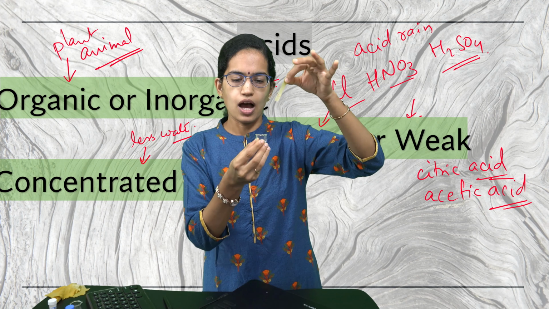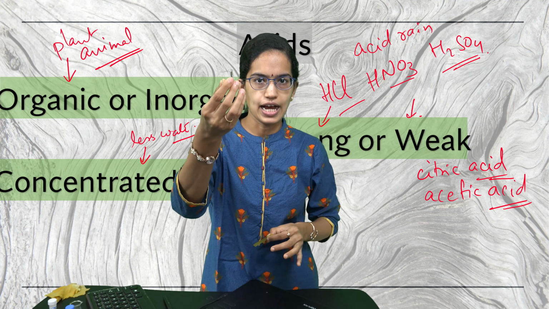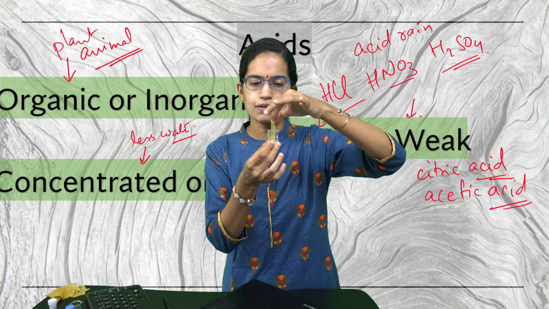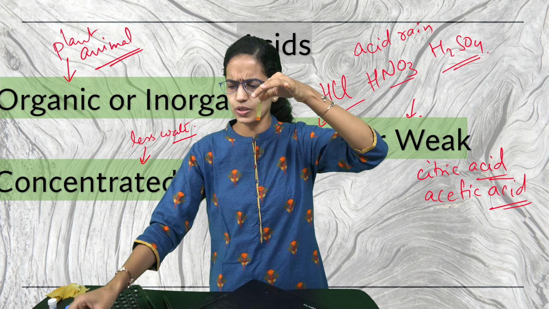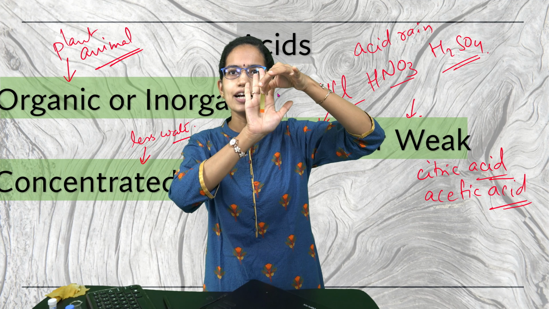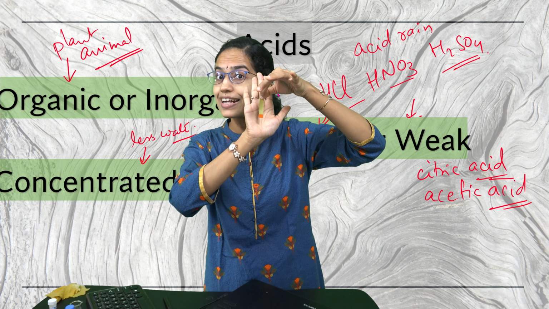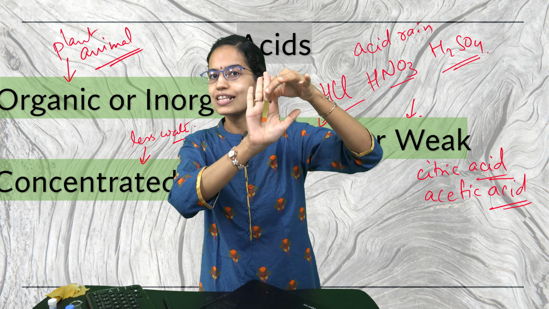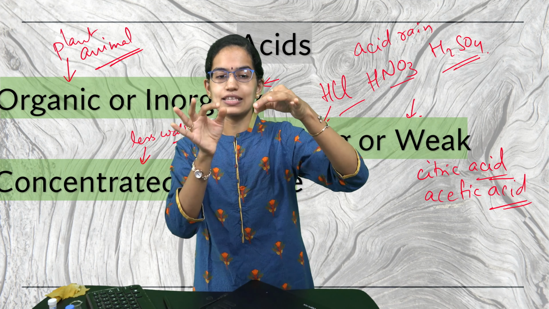So I am trying to test the acid here. I have lemon juice and this universal indicator. I dip this universal indicator, and as you can see, a good red color can be seen, indicating that this lemon juice is what? This lemon juice is acidic in nature.